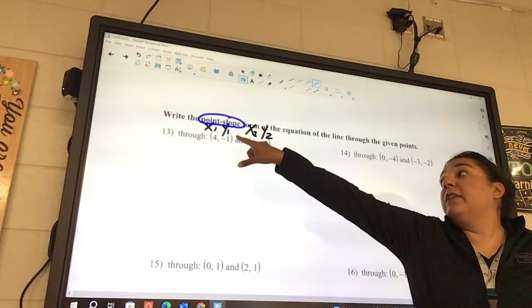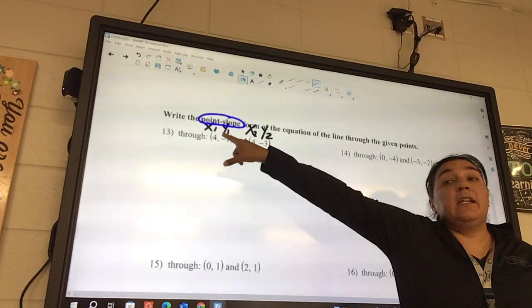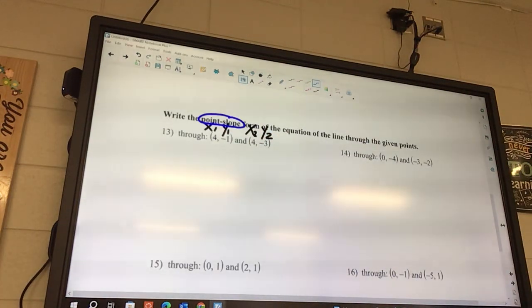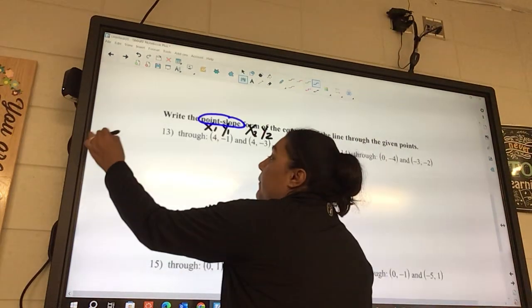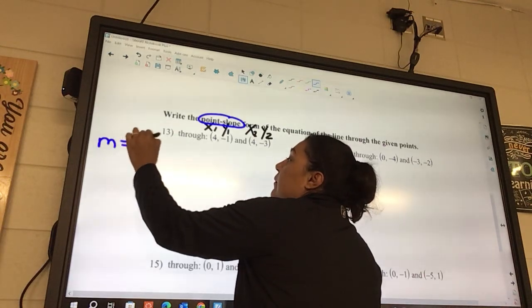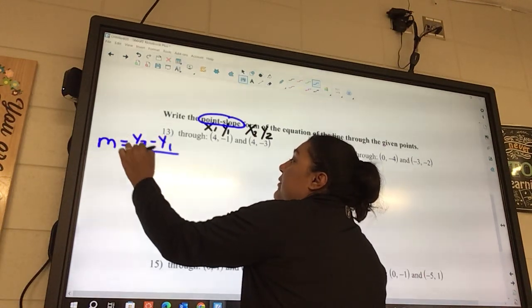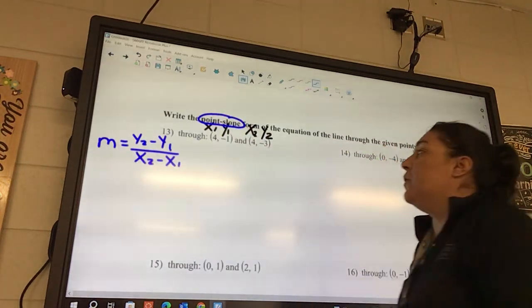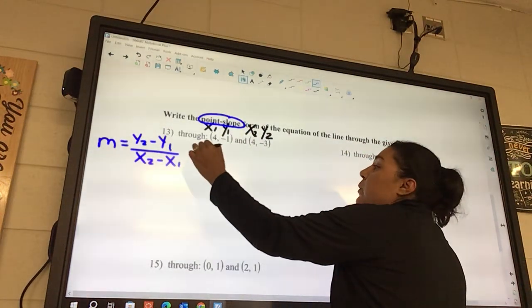So right now they've given us a point. If it has coordinates, it's a point. So do we have a slope? No. So that means that you need to find the slope. Okay, and the slope formula is this one. So our very first step is going to be to find the slope so we can even get the point slope form. And this is what we did yesterday.